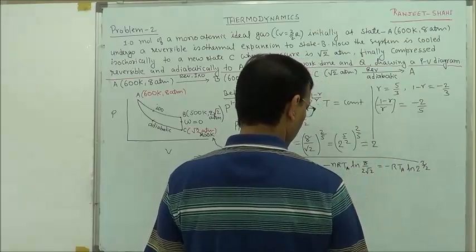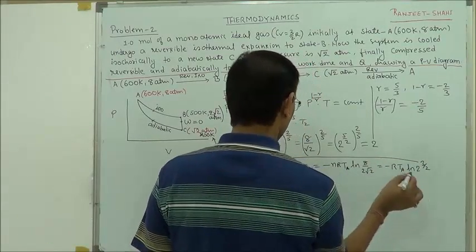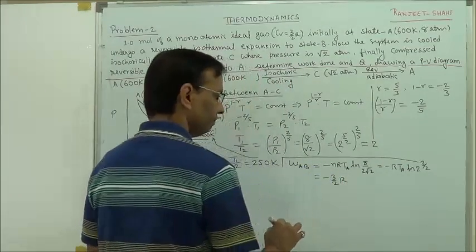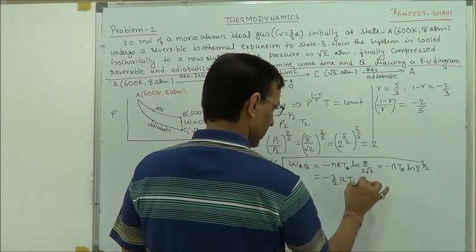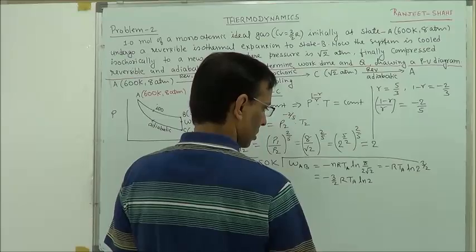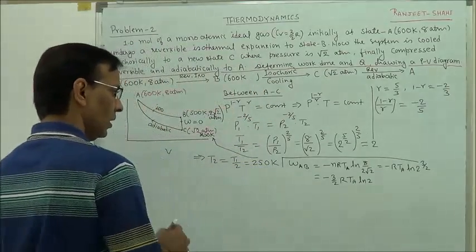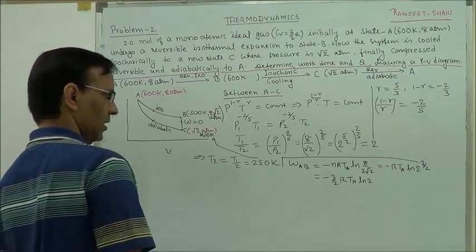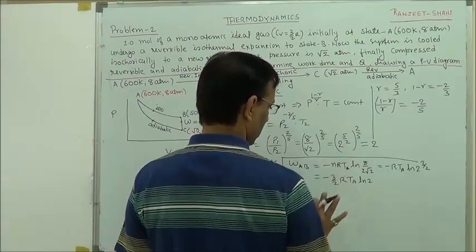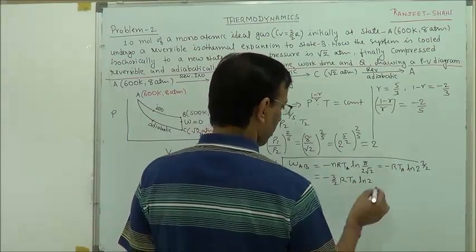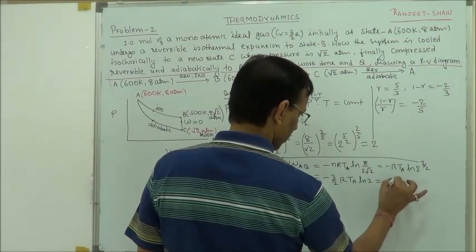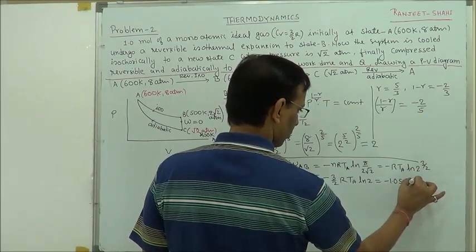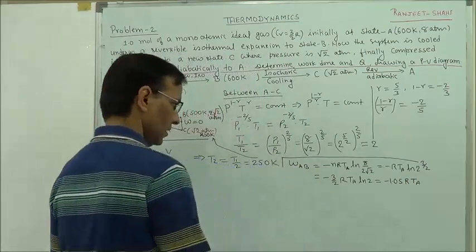If we take 3 by 2 outside the log, it will be minus 3 by 2 R T A ln 2. So ln 2 is 0.7, so 0.7 into 3, 2.1 divided by 2, so minus 1.05 R into TA, and TA is 600.